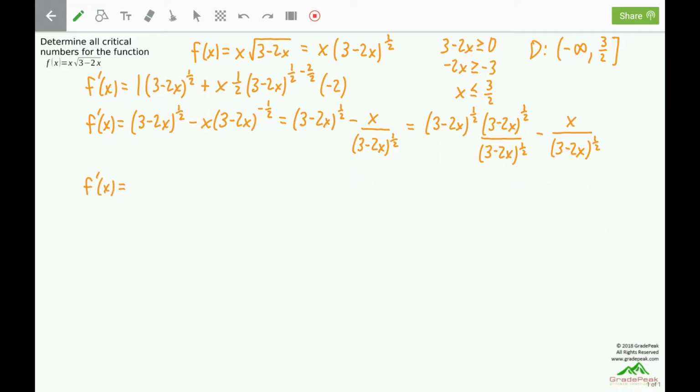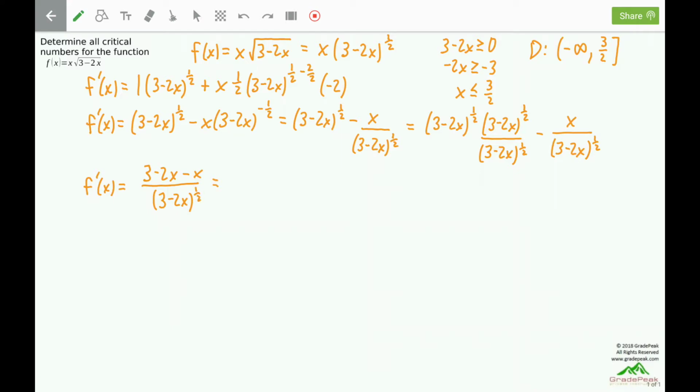So f prime of x equals, the first term is going to have a numerator of these two multiplied with each other. We will add the exponents, 1/2 plus 1/2, which is 2 halves or 1, so it'll be 3 minus 2x to the 1, which is just 3 minus 2x, combined with the other fraction numerator, which is a minus x, because they are now over a common denominator of 3 minus 2x to the 1/2 power.